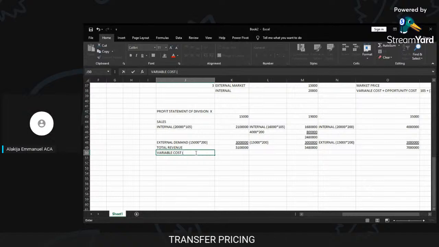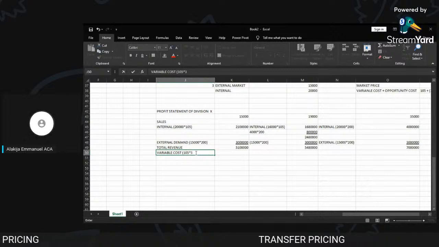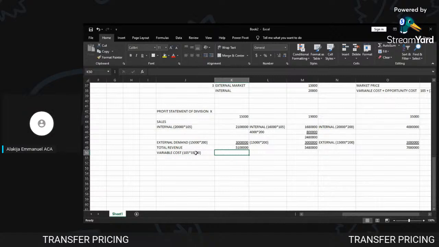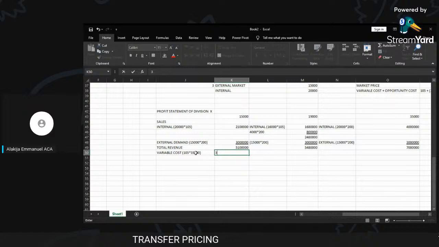Don't forget variable cost moves with the level of activity, and they were able to produce 35,000. 105 times 35,000 is 3,675,000.